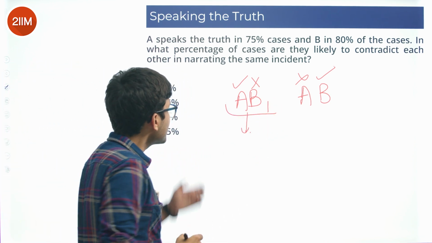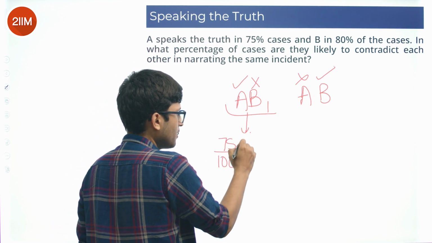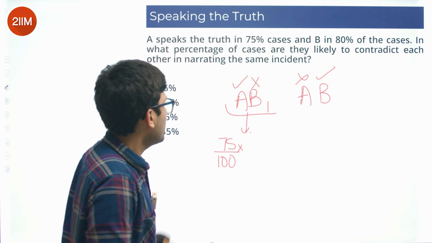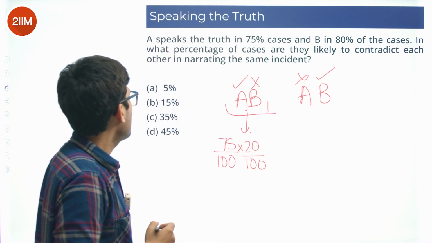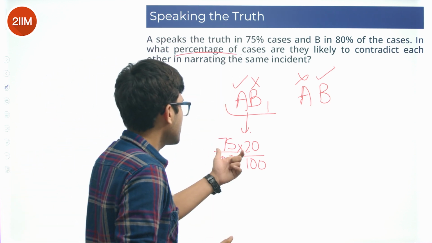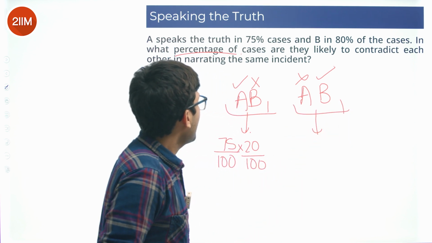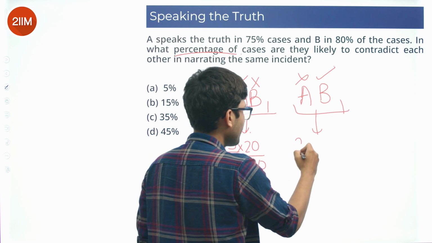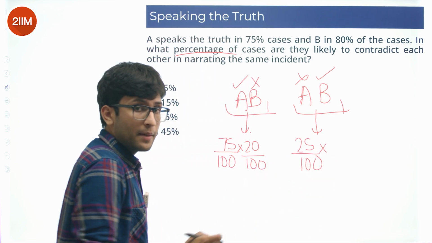For this case, A is speaking the truth, so that is 75%, into B is speaking a lie, so that would be 20%. What I need to find out is the percentage of those cases. The second part is where A is speaking a lie, so that would be 25%, and B is speaking the truth, so that would be 80% of the cases.